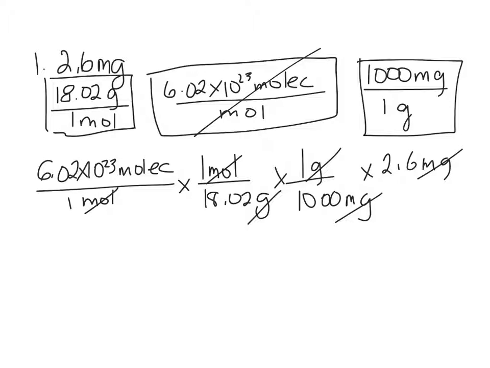So in your calculator, 6.02 times 10 to the 23 times 2.6 divided by 18.02 divided by 1,000. What digits did you get? 8.68 times 10 to the power of 19? Yeah, more than two. Anybody else get this number? Yes. All right, how many significant digits can we have? 1.